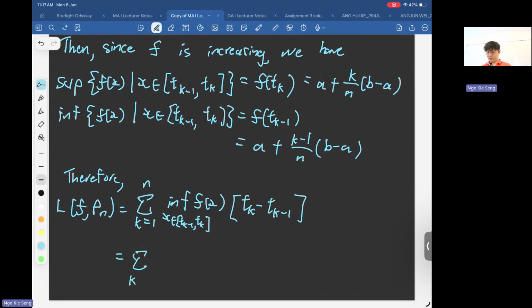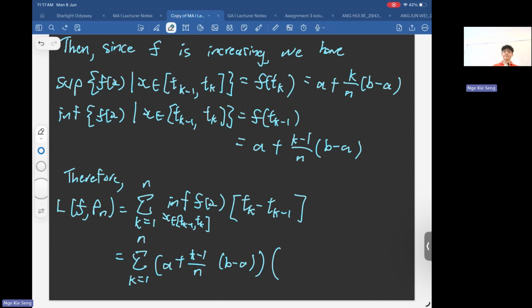Then you substitute your inf into this calculation, which is a plus this difference here. Do you know what this difference is? What's the difference here?